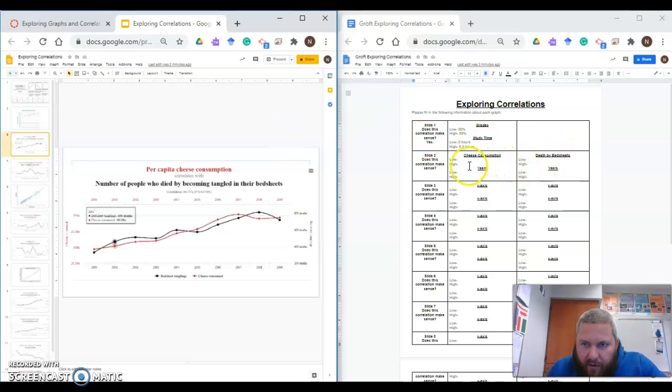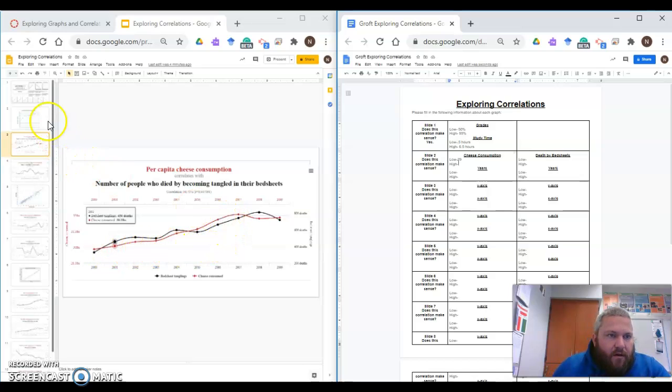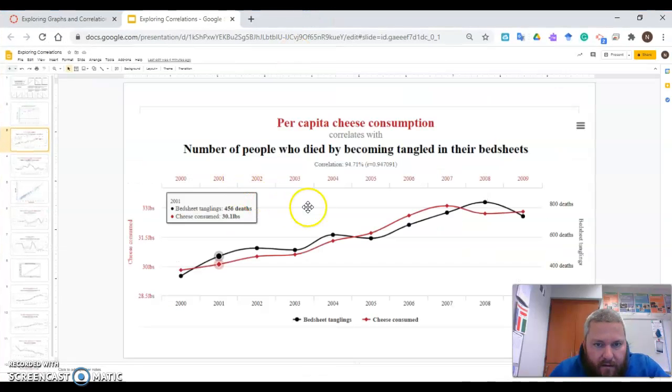So anyway, if we go back to our cheese consumption, what was our lowest value on cheese? Cheese was our red values over here to the left, and I think we said that was probably about 29. I'll have to pull that back up here in a section. And if we're following that red cheese consumption, it looks like it gets up here to, well, what is that?